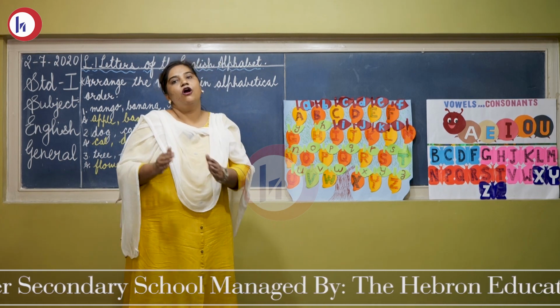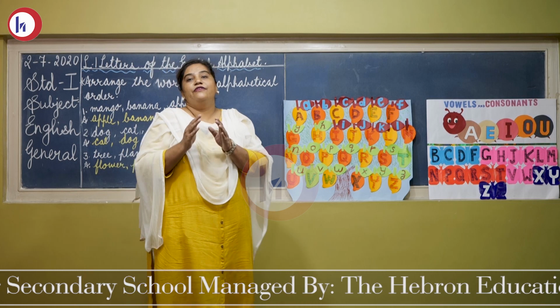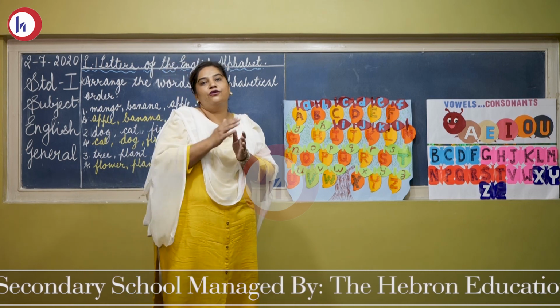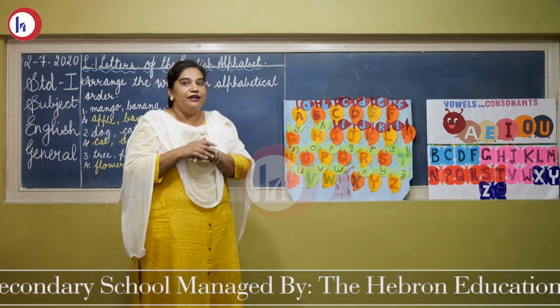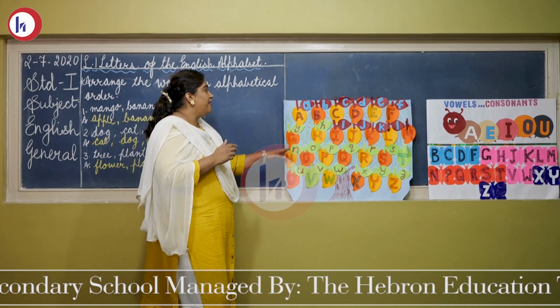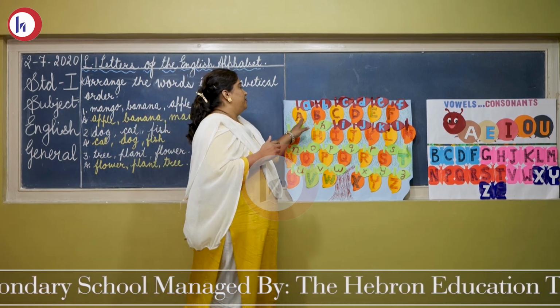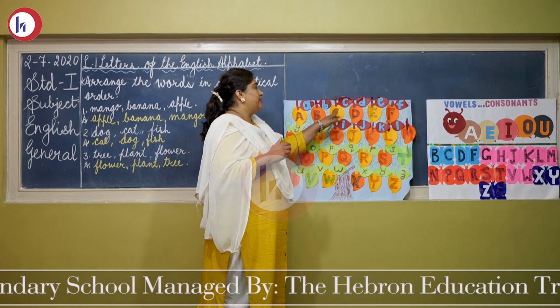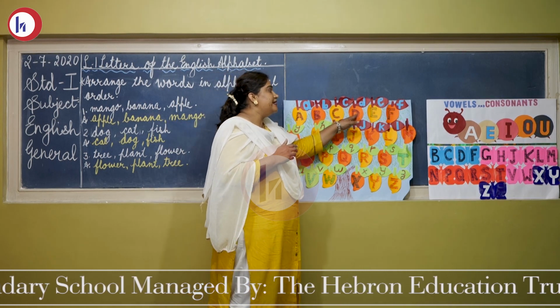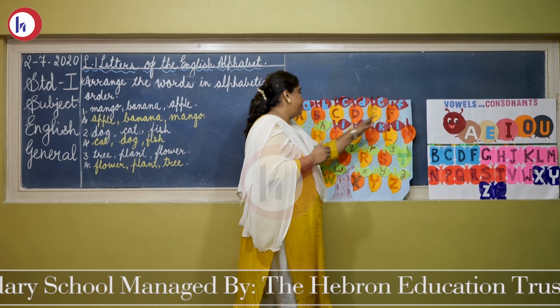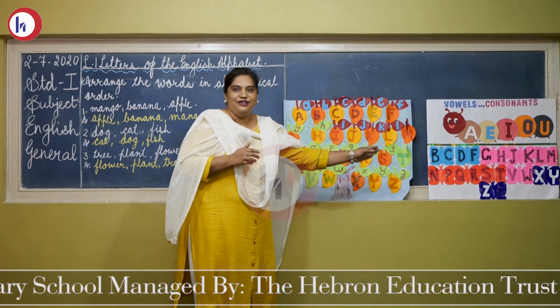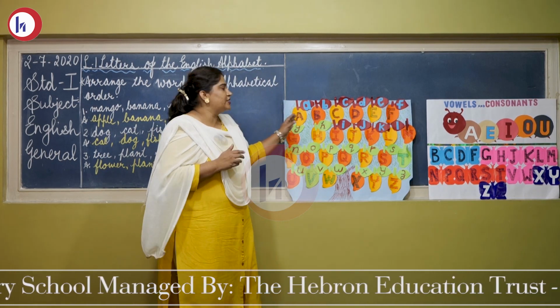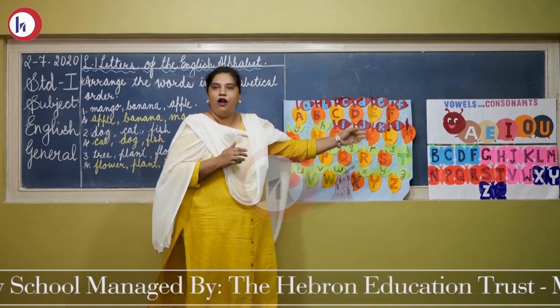We write them in order only and we cannot write any letter before or after their sequence. Now, here you can see we have written A, B, after B comes C, then D, then E, then F and so on. So dear students, this is called alphabetical order.